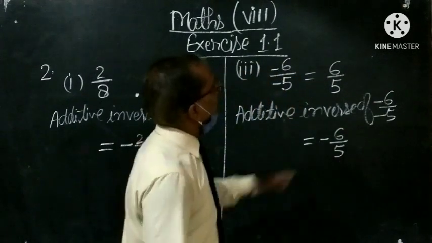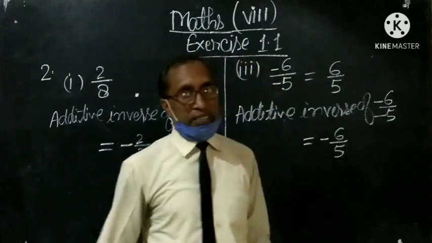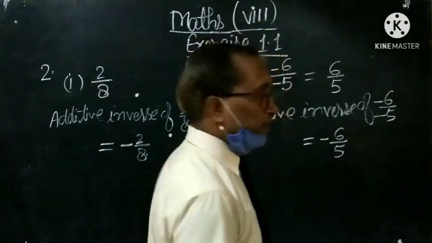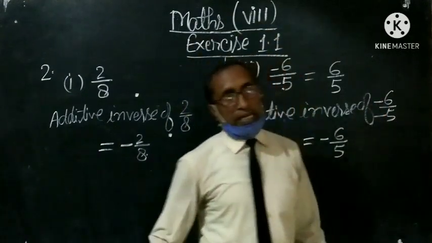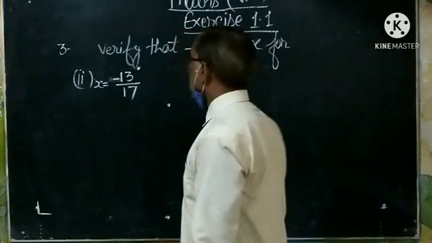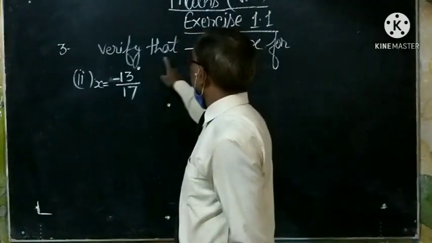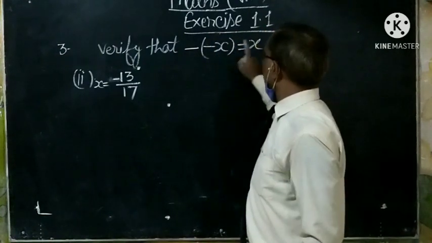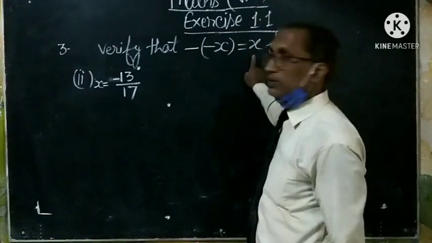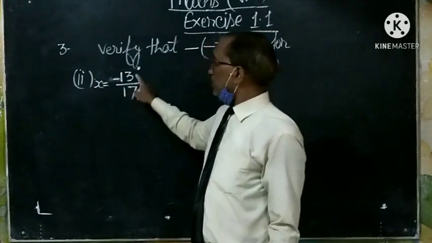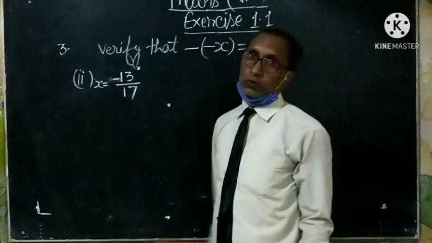When you add these two rational numbers, you get 0, meaning these two are additive inverses of each other. Question number 3. Verify that minus of minus x is equal to x for x is equal to minus 13 upon 17.